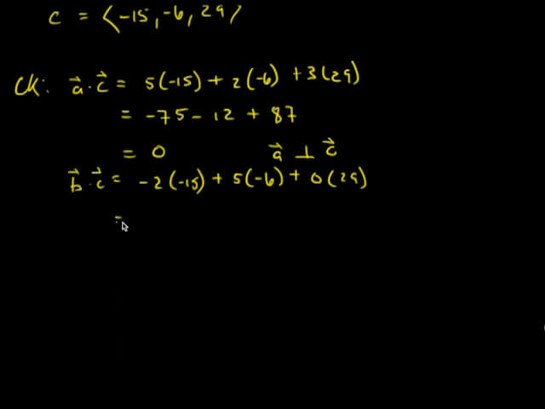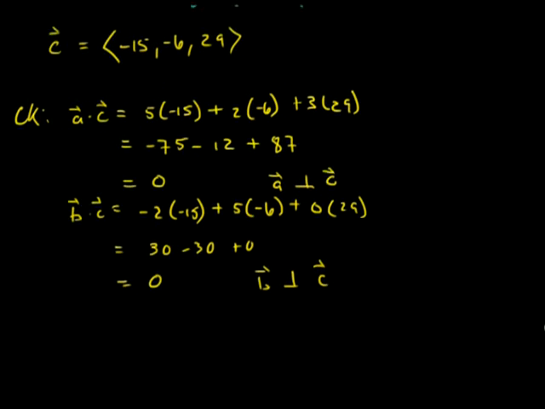And I get 30 minus 30 plus 0, which equals 0. So therefore, B is also perpendicular to C. So since it's perpendicular to each, it must be perpendicular to the plane defined by each of them.